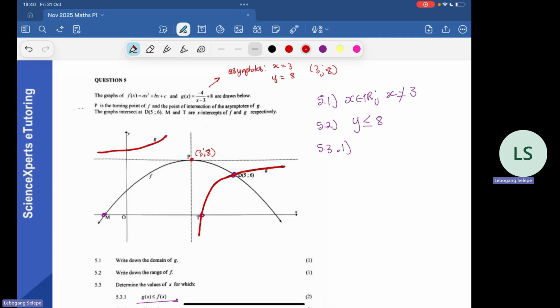So if I go to the right of this point, the red graph is above the black one, right? So that won't be part of our solution. We are looking for points whereby the black is above the red, where the parabola is above the hyperbola, right?